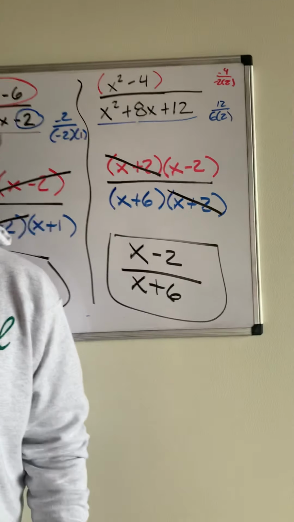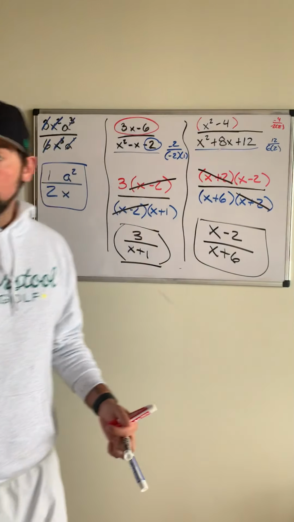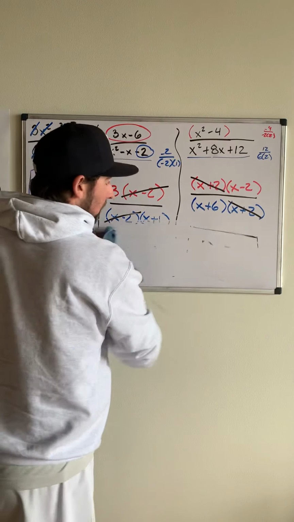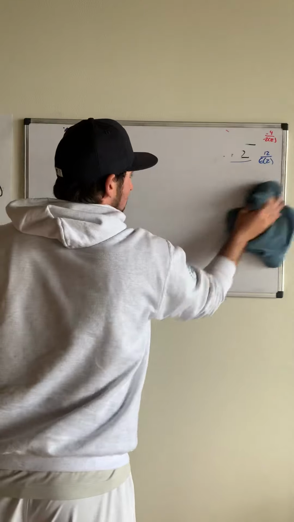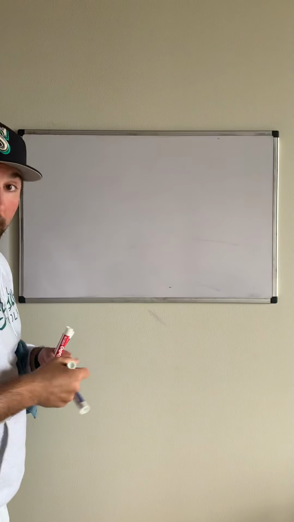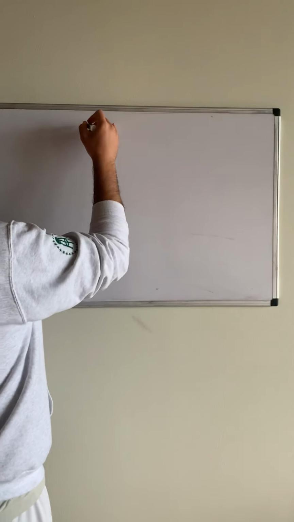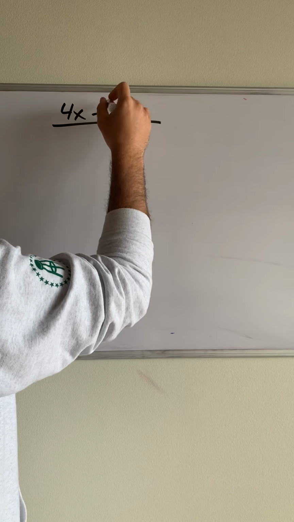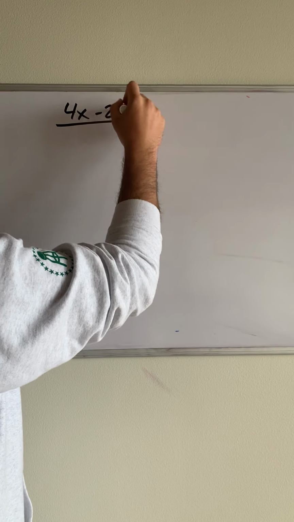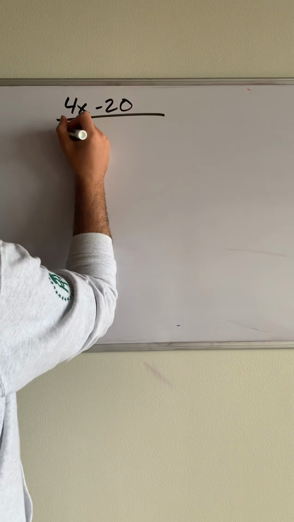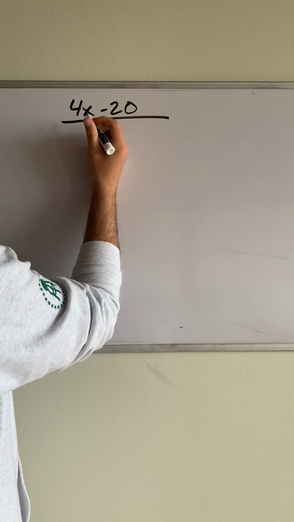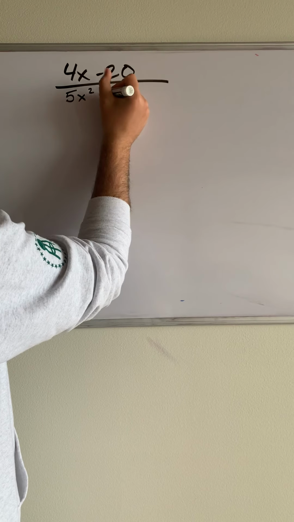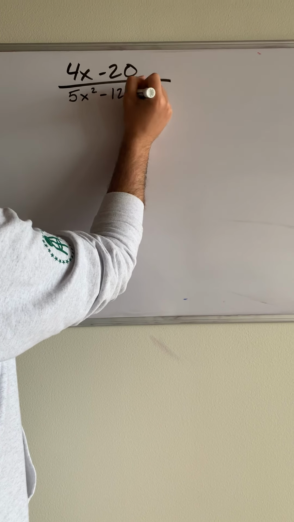Those are 3 equations on rationalizing. The only other equation that you might have would be something like this, where let's say maybe we have 4x minus 20 on top, and on the bottom, 5x squared minus 125.